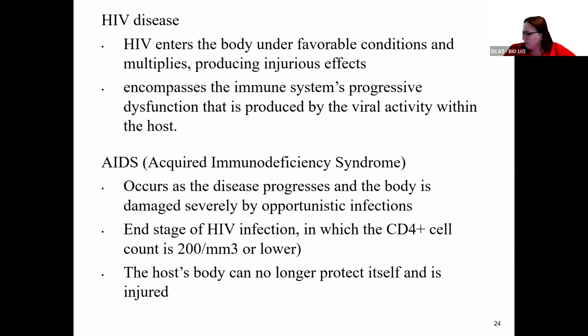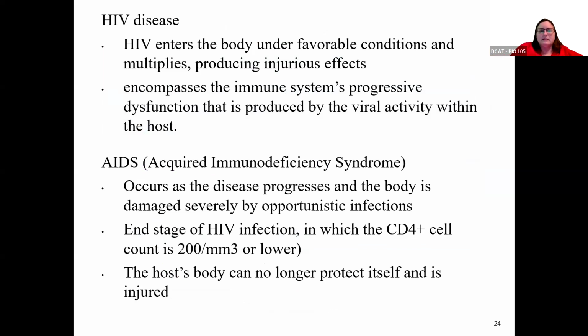Okay, so now we're on PowerPoint 24, and we're going to talk about HIV disease. HIV disease is when HIV enters the body under favorable conditions and multiplies. As it multiplies, it's producing injuries within the body or within the host.